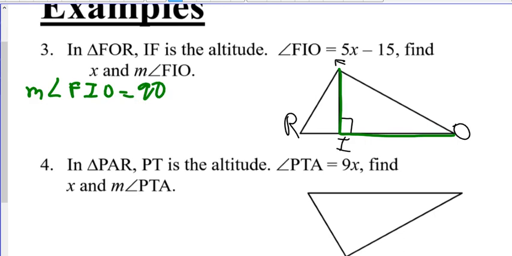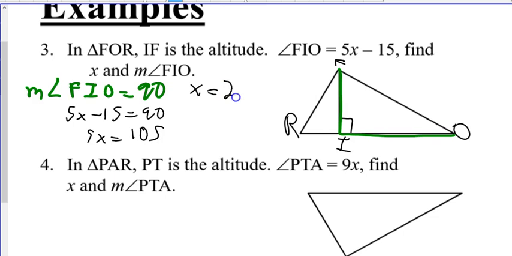But all we do there is 5x minus 15 equals 90. So we're going to add 15, 5x equals 105. Then divide by 5. 5 goes into 10 two times, 5 one time, 21. So x is 21, and FIO is 90. Easy enough.